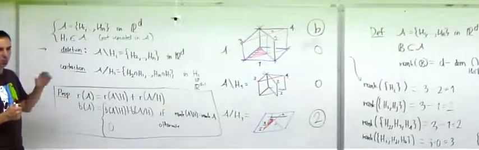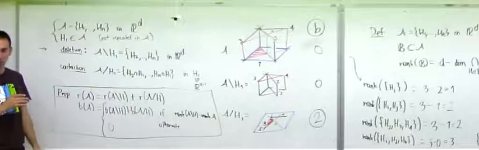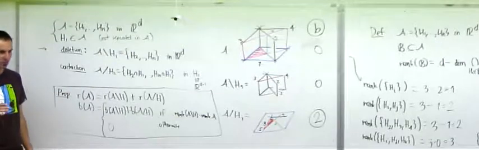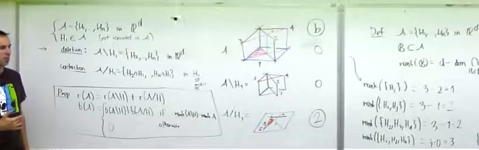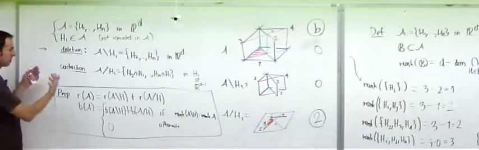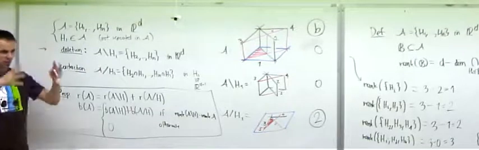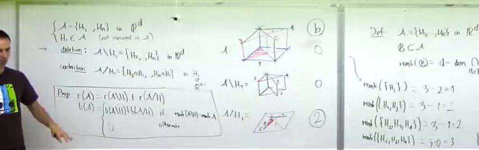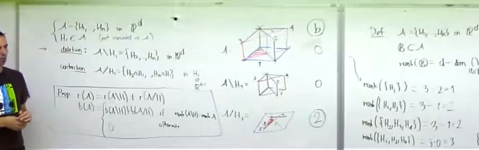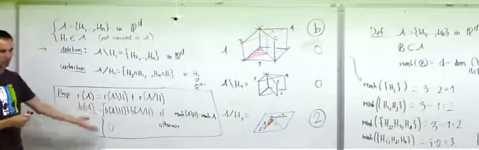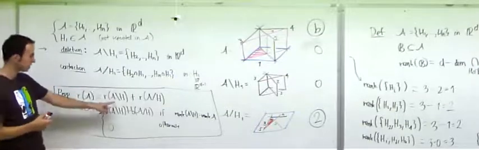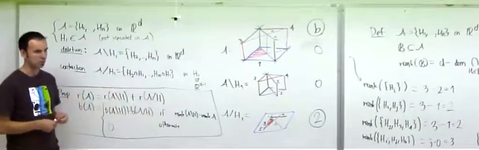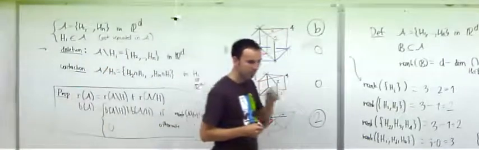So if you ever want to prove something about hyperplane arrangements by induction, then generally what you do is you say, okay, if I want to prove a statement for A, then I prove it for the deletion and the contraction recursively, and then I piece that together like this. And this is an example of such a thing. If you know the regions of the deletion and the contraction, then you know the number of regions of the arrangement. Okay?